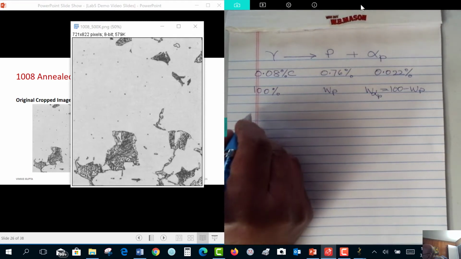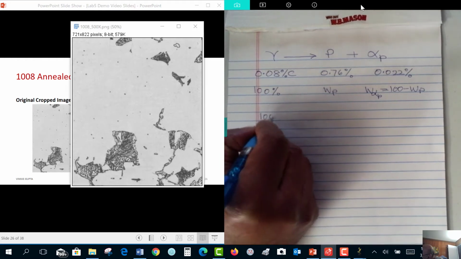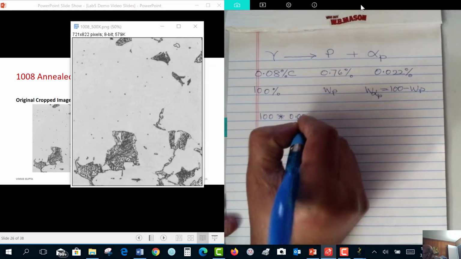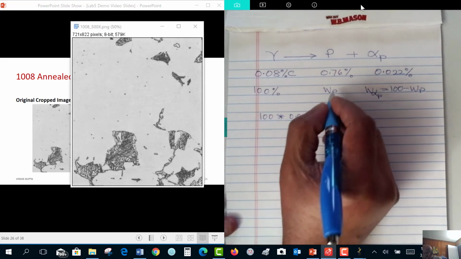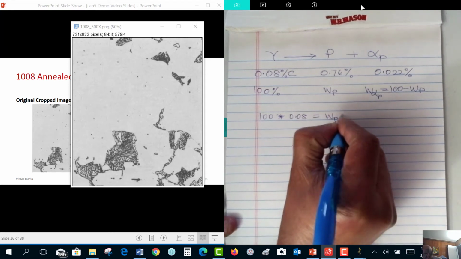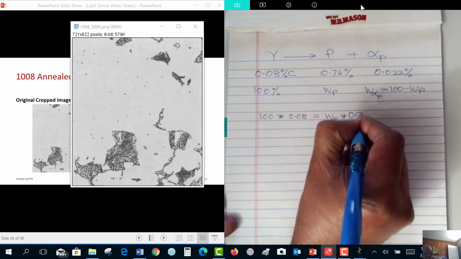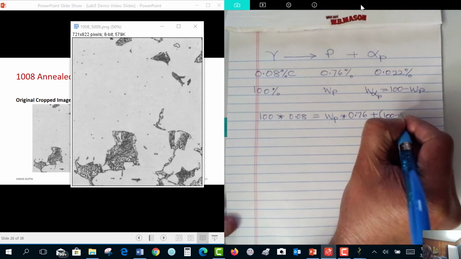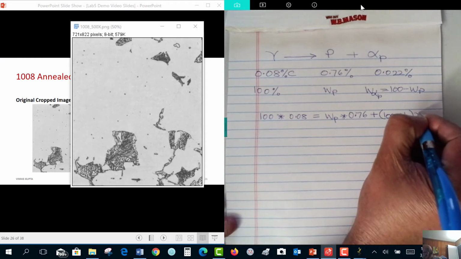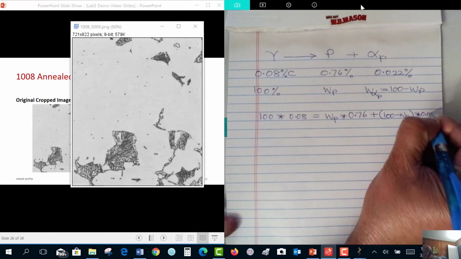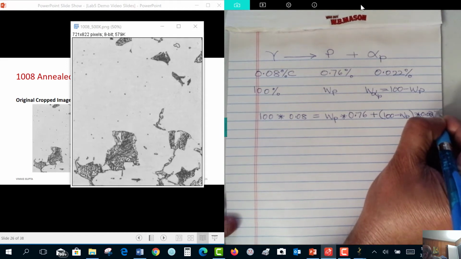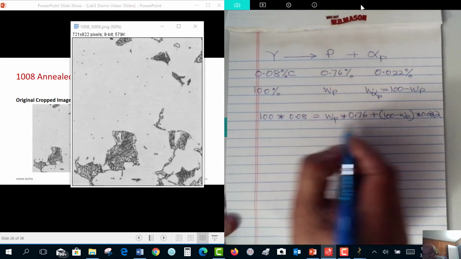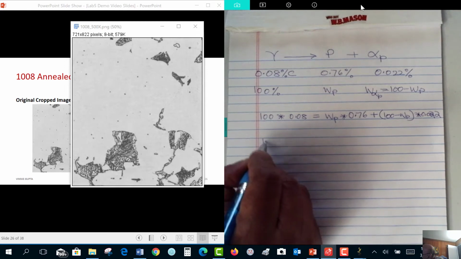So doing our carbon balance, we will get 100 times 0.08% is WP times 0.76 plus 100 minus WP times 0.022. Now we have one equation, one unknown, and we want to get WP out of it.